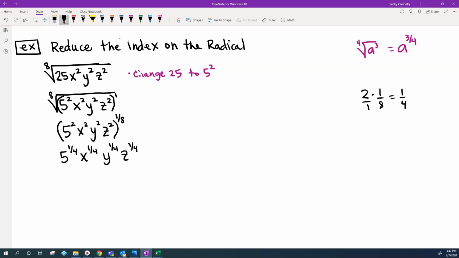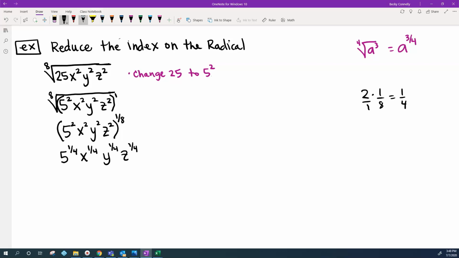All right, so do you see how I have ended up reducing this? So it used to be these were all to the 2/8 power, if I distributed that through, and then I reduced them to the 1/4.